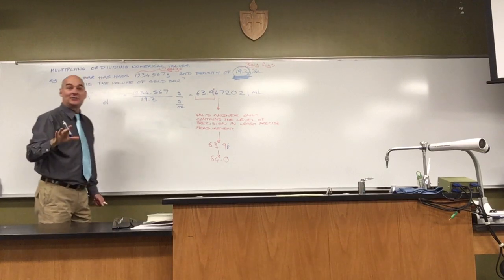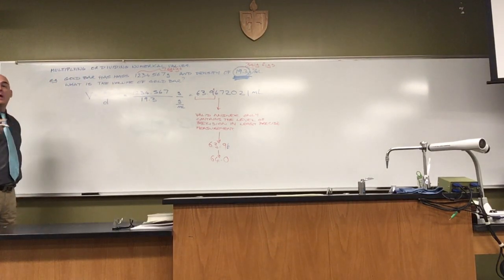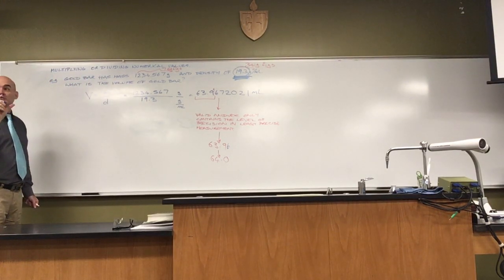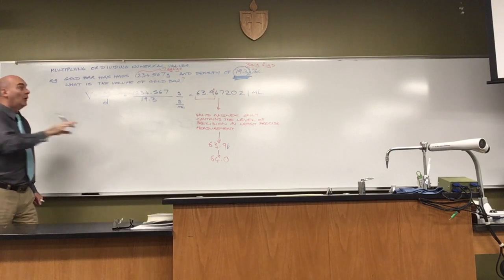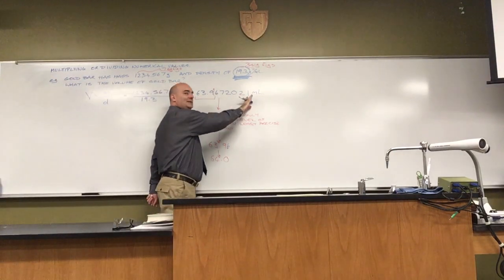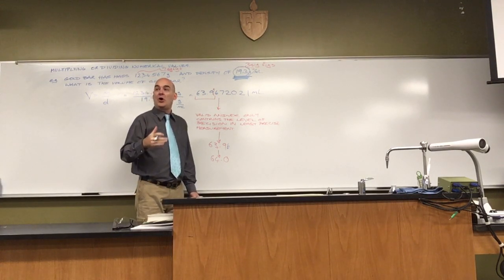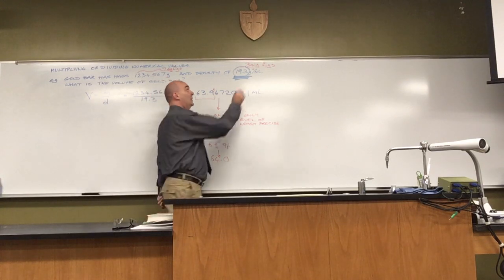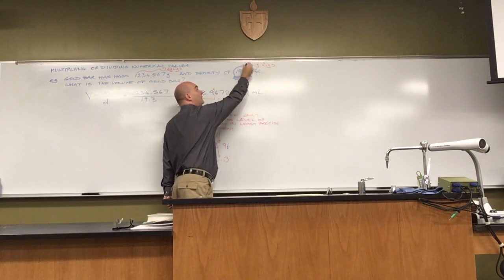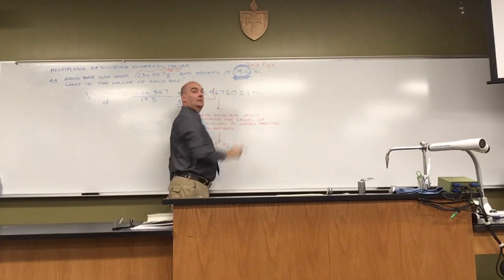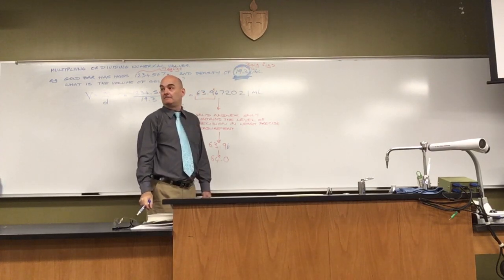That means I'm confident in my answer only to the first 3 digits. All of this other stuff that the calculator tells me, that's nice, but I can only be confident in the level of precision of this calculation based on the amount of precision that I put in.